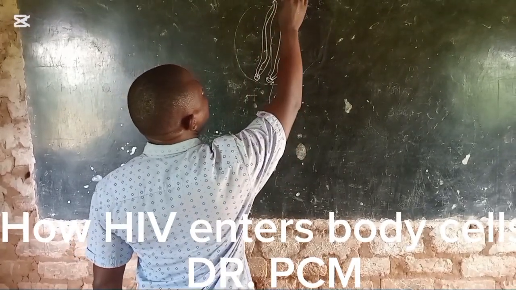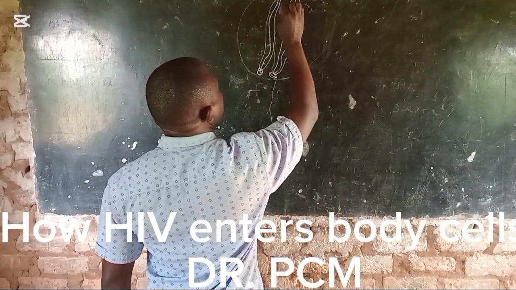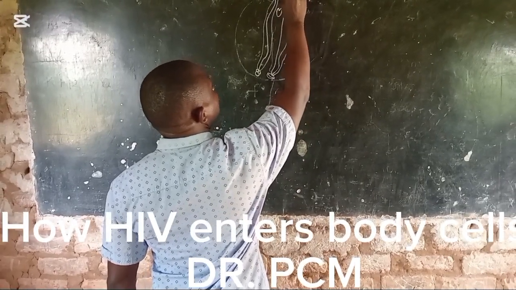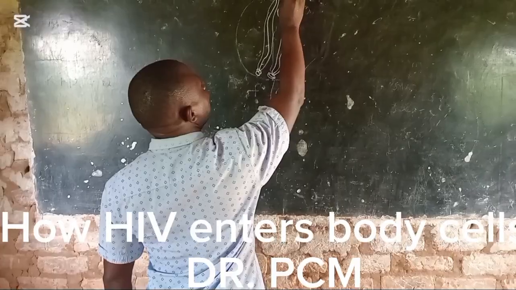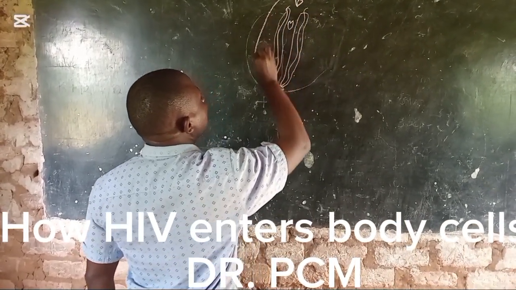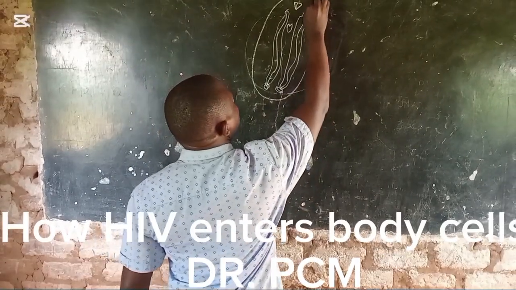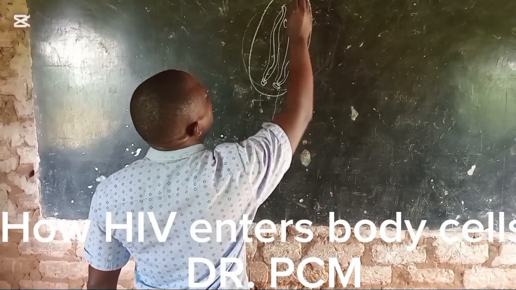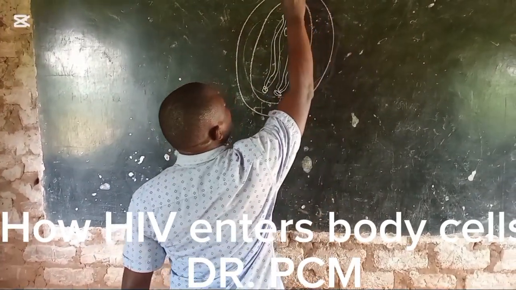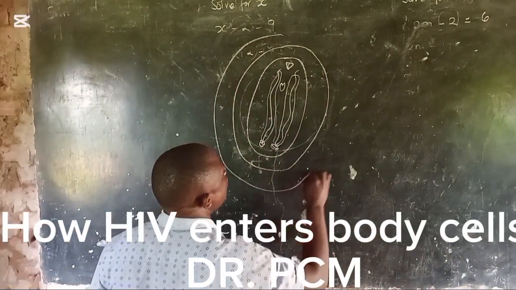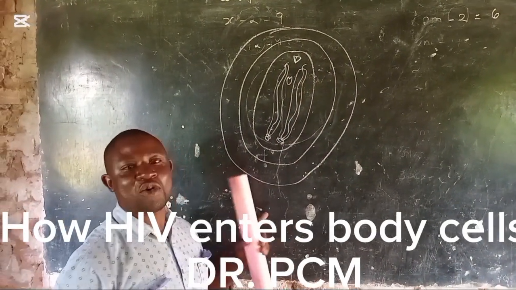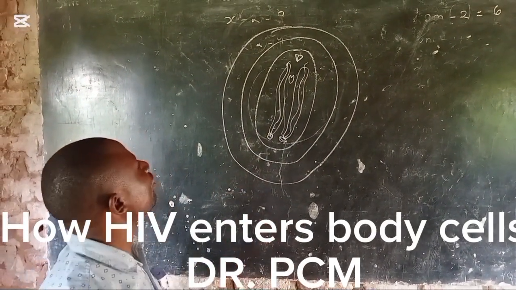We are done with the reverse transcriptase enzyme. We are done with the RNA. We are done with the covering of the RNA, which is the nucleocapsid. We have also put inside the protease enzyme. We have also put there the integrase enzyme.